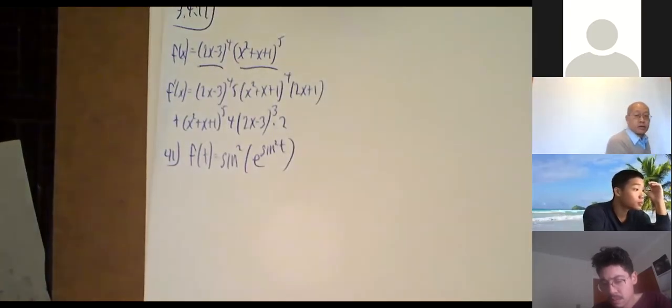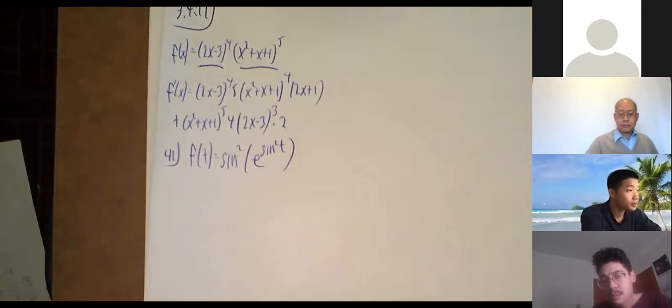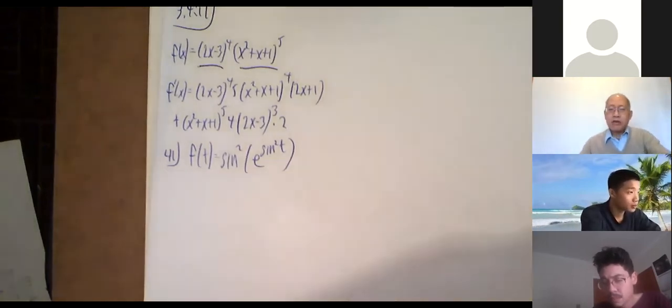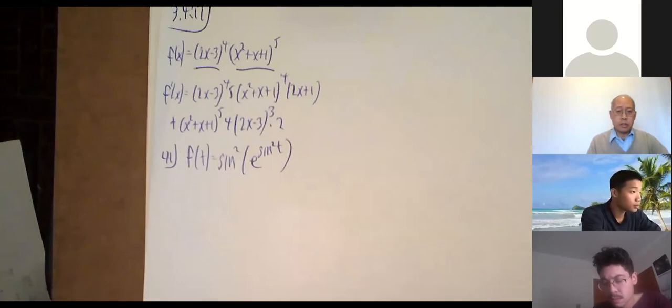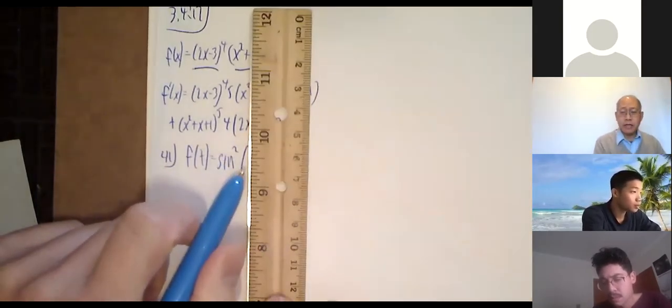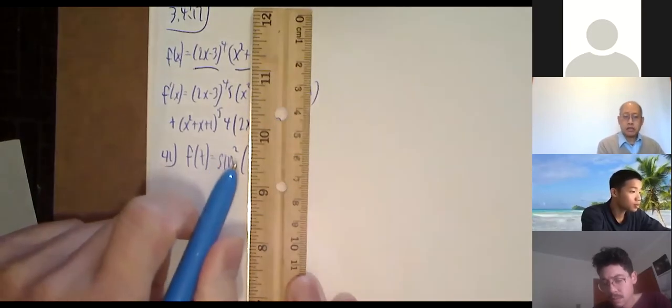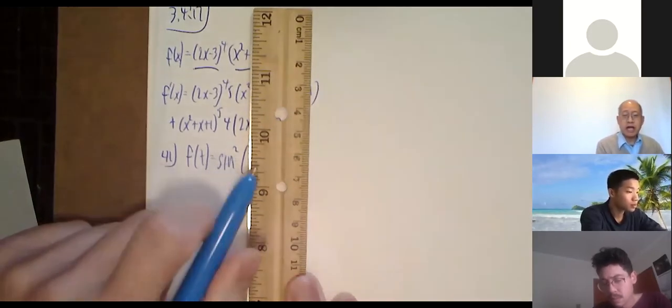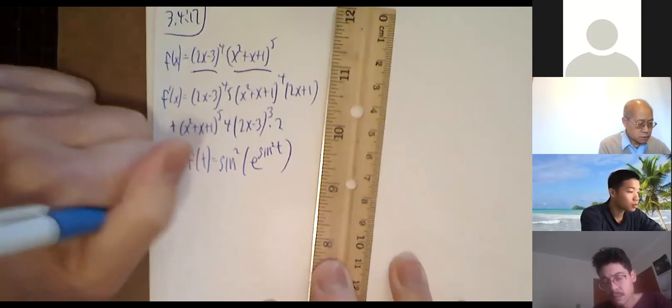Oh boy, this has a lot of stuff here. The outermost function is the squaring function. You're taking sine squared of something, so the outside function is squaring. So it's sine of something, squared.